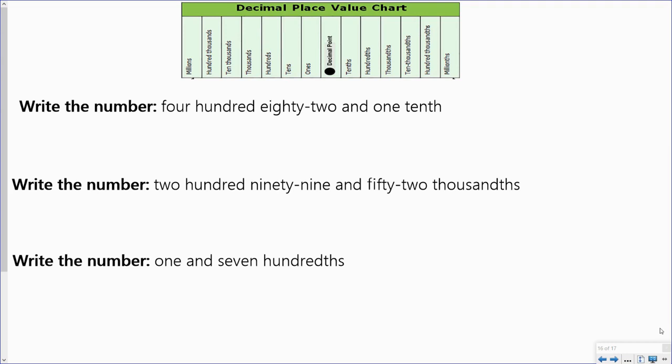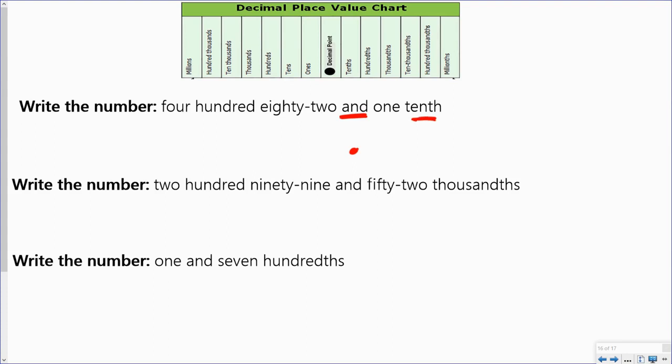Let's take a look at these problems. In these situations, I'm going to write the number that's given to me in word form. So here I have my first one. It says 482 and 1/10. Well, again, with my word and here, that's where I'm going to put my decimal. And then I have 1/10.